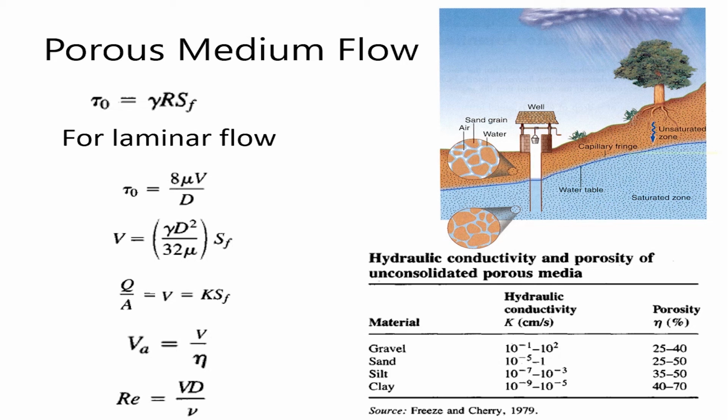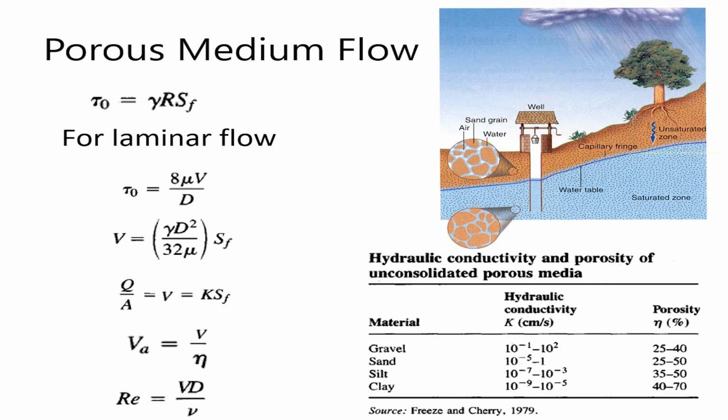For laminar flow, the velocity is a function of frictional slope and viscosity. This equation is called the Hagen-Poiseuille equation, where the flow rate is a function of the pressure gradient.